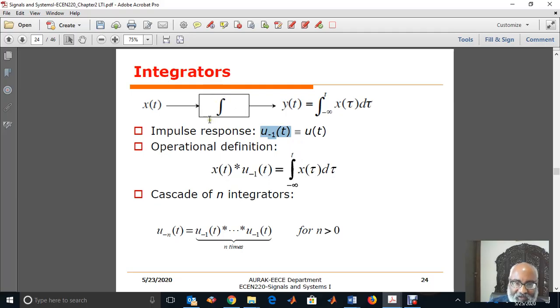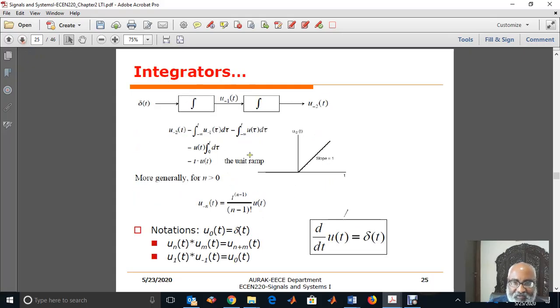If I cascade n integrators, I will have n times integration. For example, if I cascade two integrators, let's find the overall impulse response. So I have one integrator here, another integrator here. The notation for it is u minus 2(t).